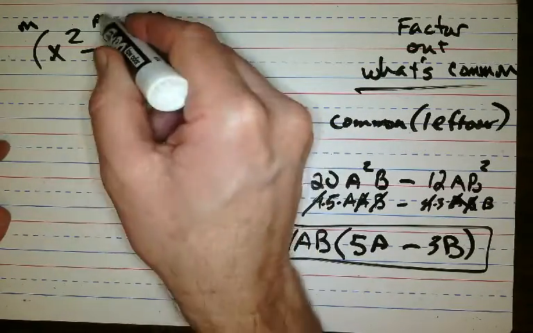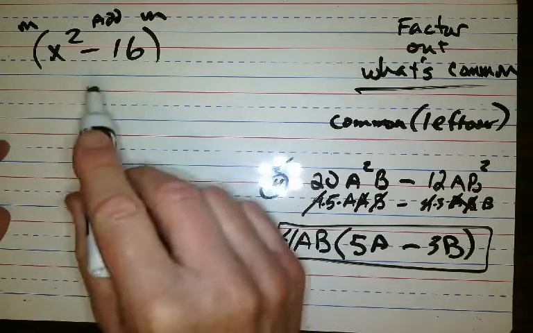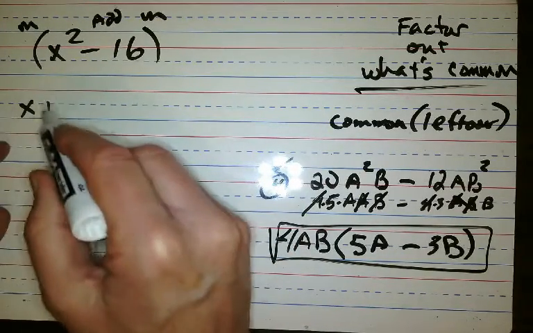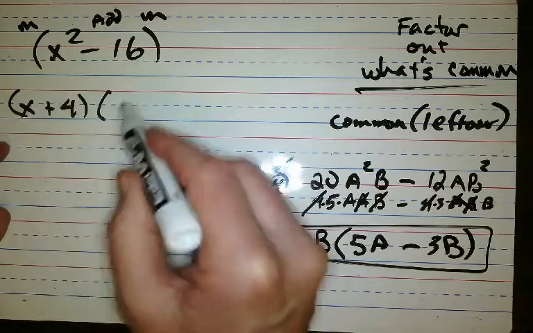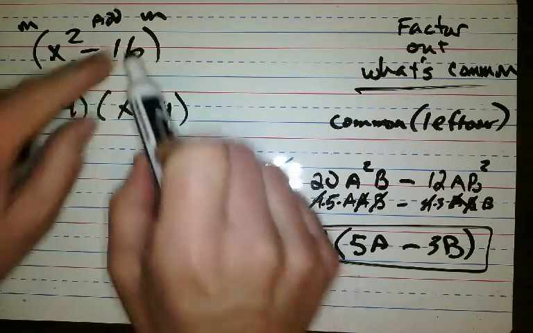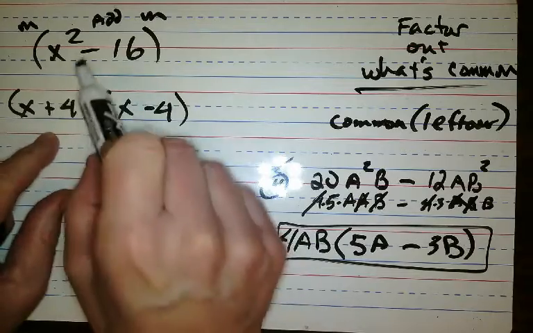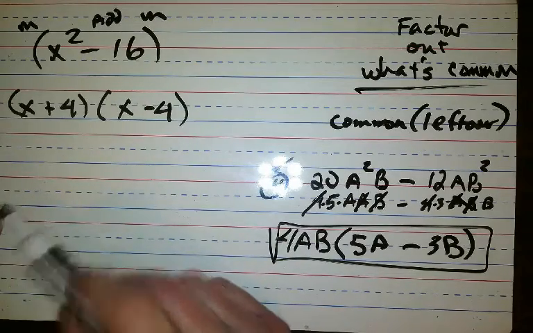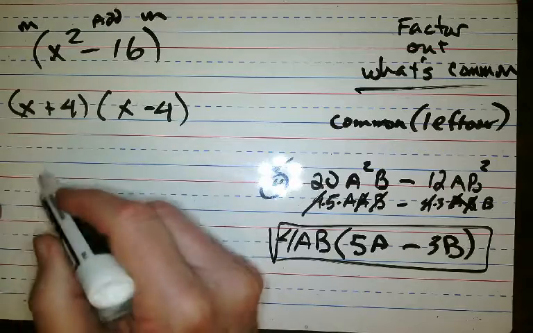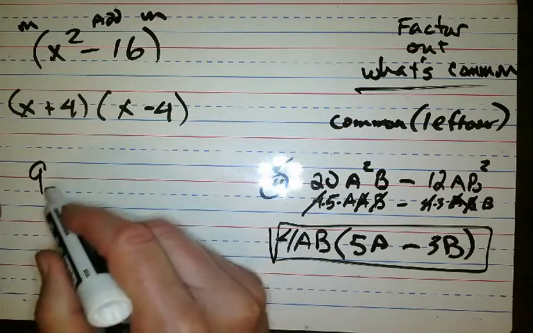But uh-oh, there's no middle. That means it has to add up to be 0. So x plus 4 and x minus 4, those multiply to be negative 16, and when you add them together, it's 0. How about that, huh? So that's a special case.